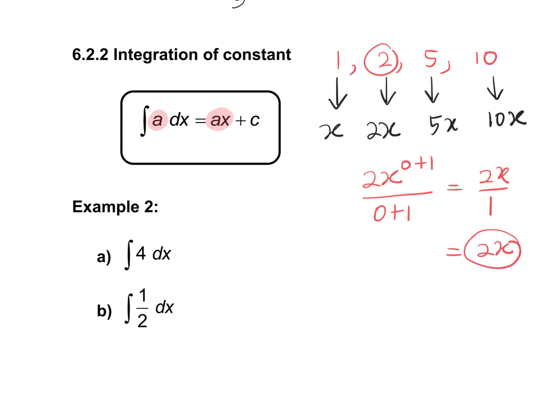That's why the rules is for any integration of the constant, then you will get that constant with the variable of x then plus c. This is the idea. So I think obviously you can solve for these two example. Integration of 4, it is 4x plus c. And integrations of 1 over 2, it is 1 over 2x plus c.